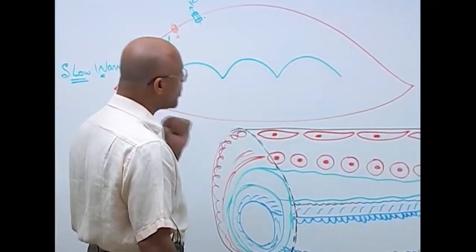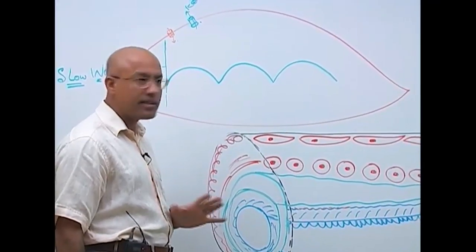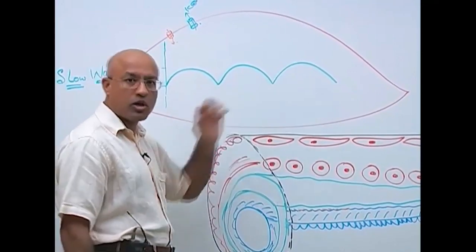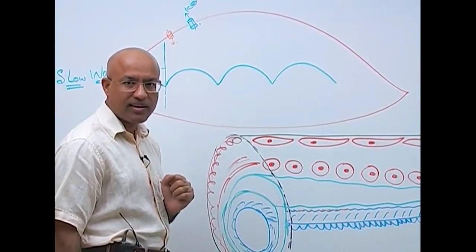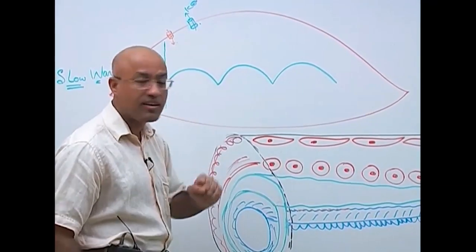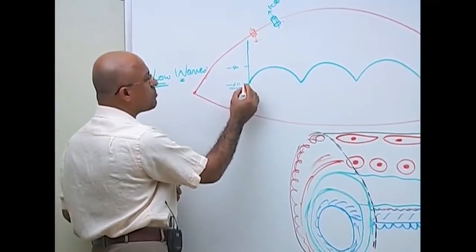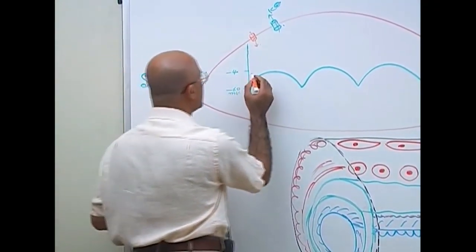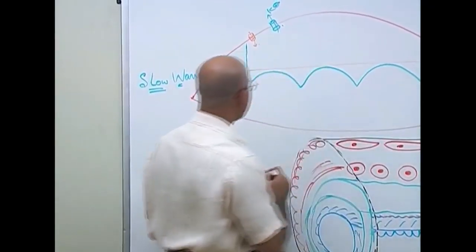Now, actually these slow waves are not action potentials, and these slow waves do not produce contraction in the smooth muscle, right. They just set the basic frequency of electrical fluctuations. Now, what happens? The resting membrane potential is at -60 and the threshold potential is -40, right.